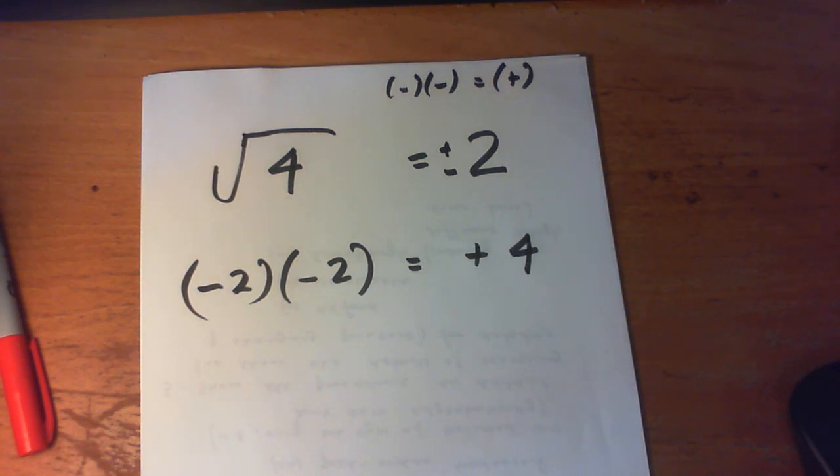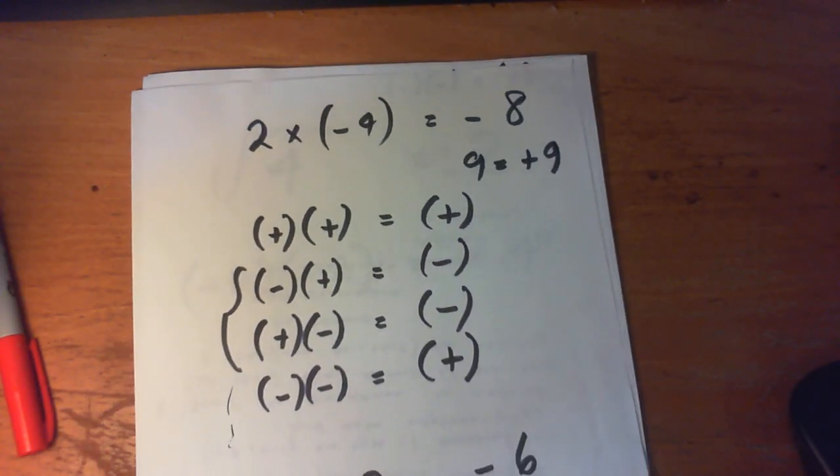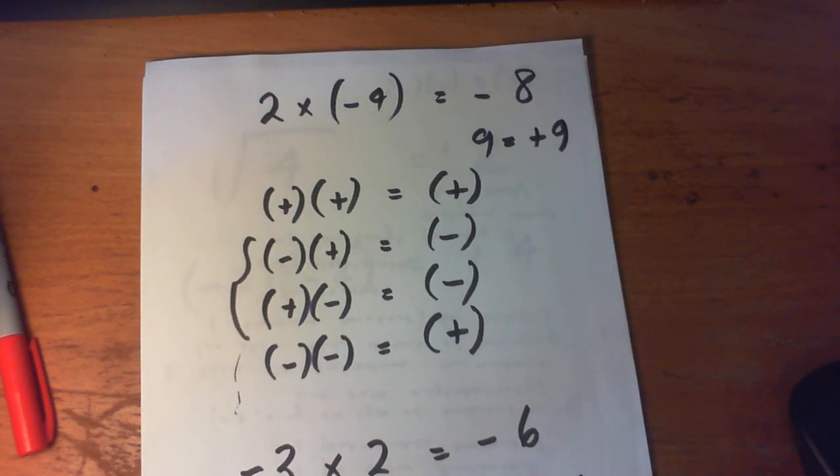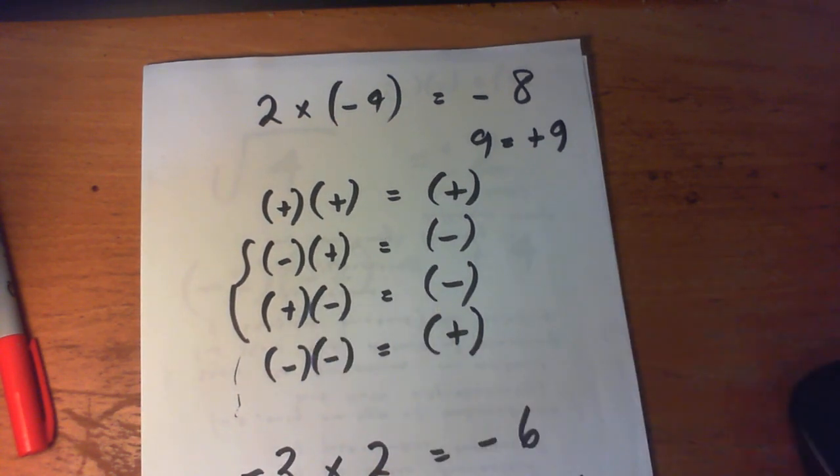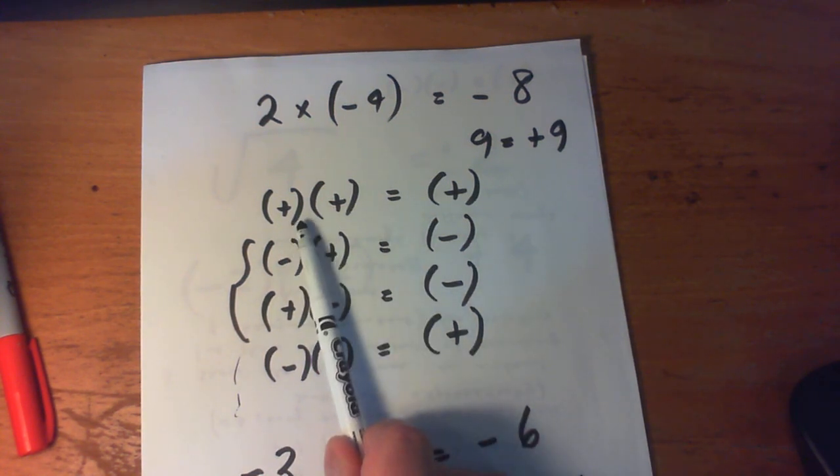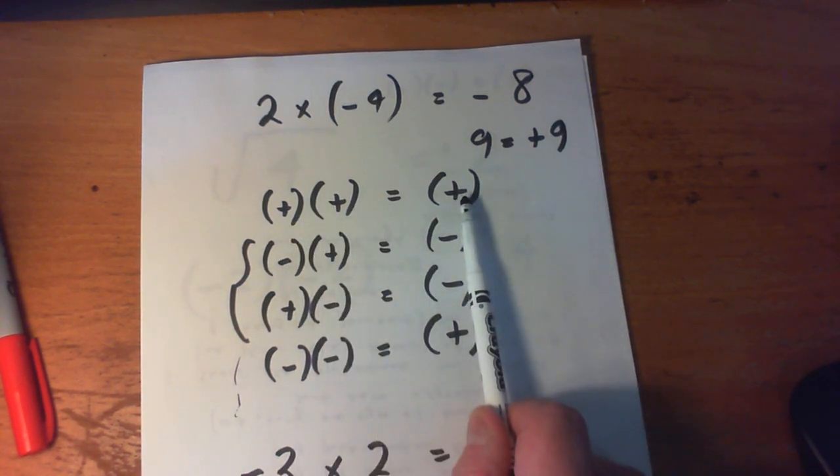I've got to qualify that a bit. I should say that all positive numbers have got 2 square roots. If I go back to this original rule, a number is either going to be positive or negative. If I've got a positive number, multiplying it by itself will give a positive number.